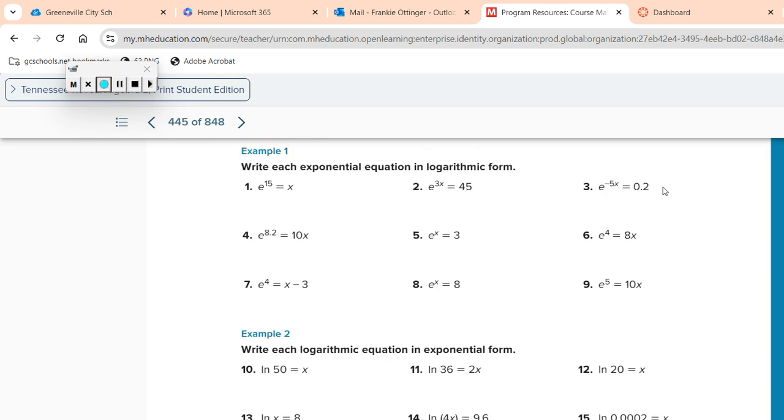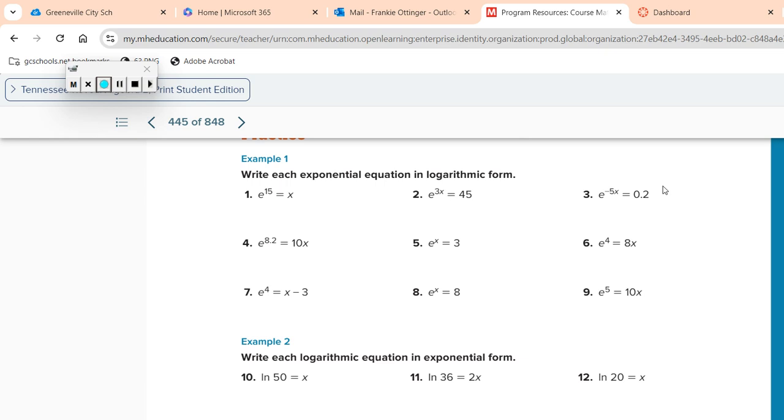Problems 1 through 15 are set up as equations, although they don't really want you to solve them, they want you to switch forms. But switching forms is easier done like you are solving it. So to do number one, because these functions are inverses, I'm going to apply ln to both sides, okay?